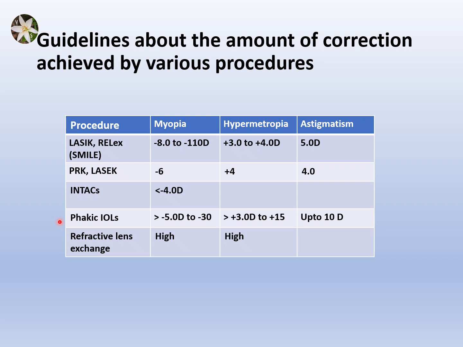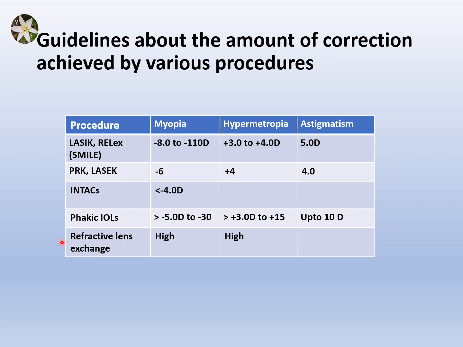They can be used for myopia in any range from -5 to -30, and for hypermetropia from +3 to +15, and they can correct an astigmatic error of up to 10 diopters. Of course, these very high numbers are usually not needed, but they may be indicated in an odd patient.